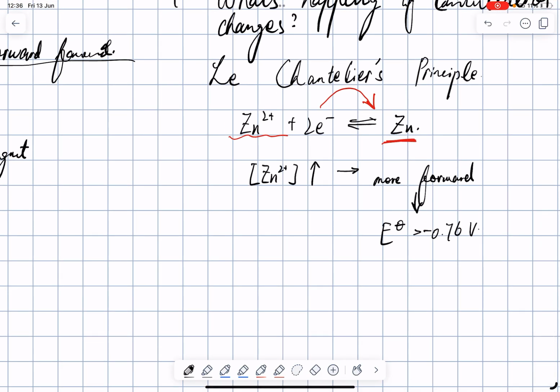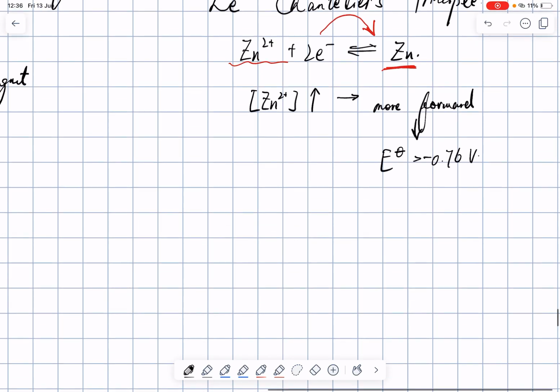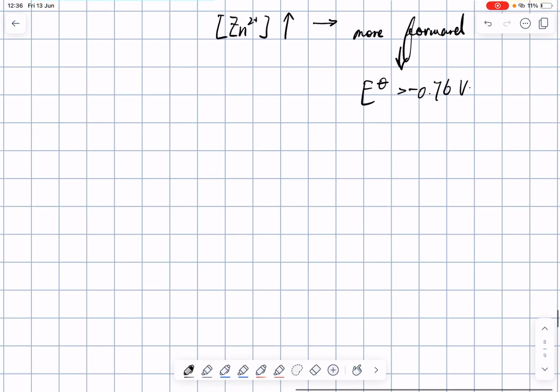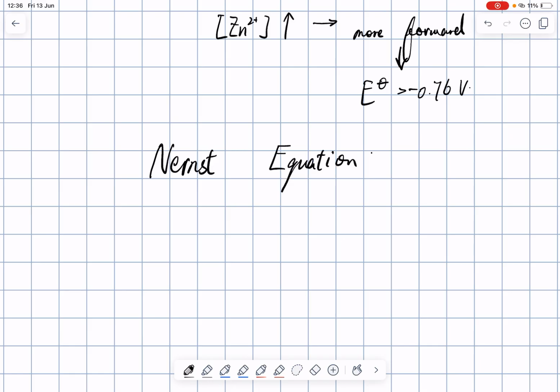Yeah, and now we are going to get a more advanced equation of that. It is the Nernst equation. You may ask, what will happen if we don't only change the solution, if we change temperature or something?